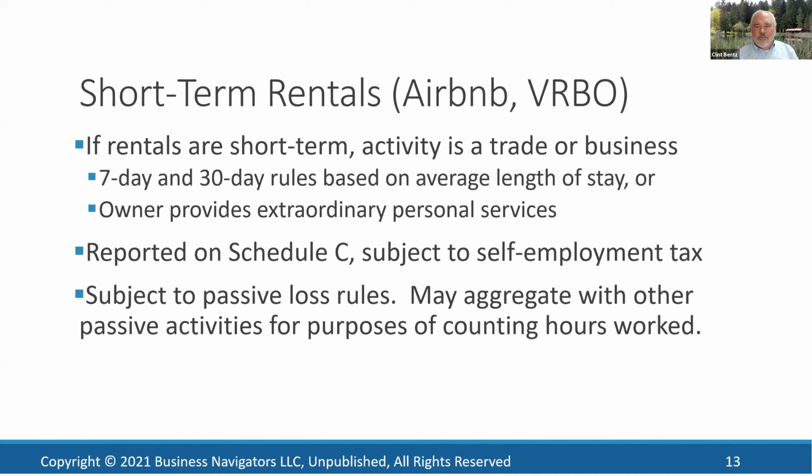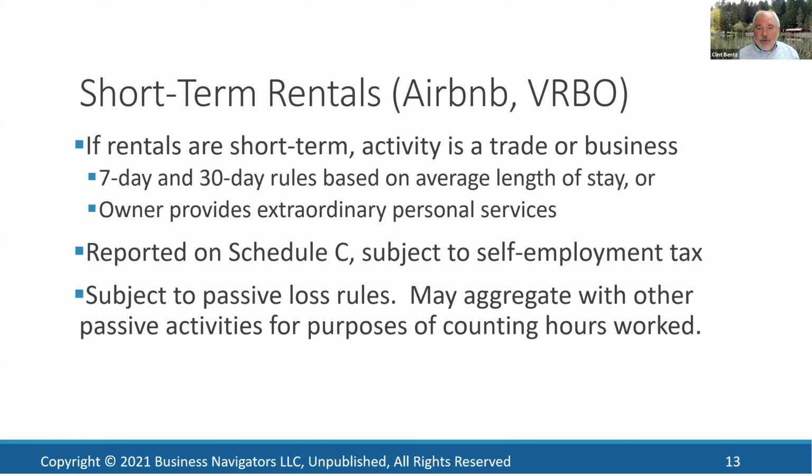And so if our rental is short term, how do we determine that? So there's a 7-day rule and a 30-day rule. Basically you look at the average length of stay of all the people that were in the rental for the year. So one person was there for 3 days, another person was there for 3 months. You've had 2 people. One person was there for 90 days, one person was there for 3 days.